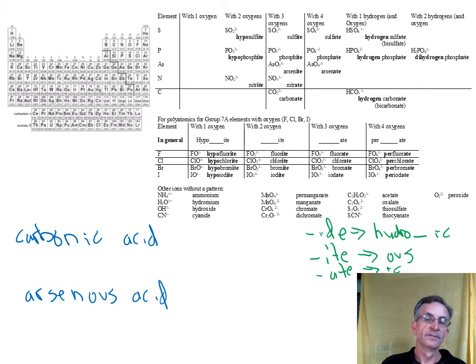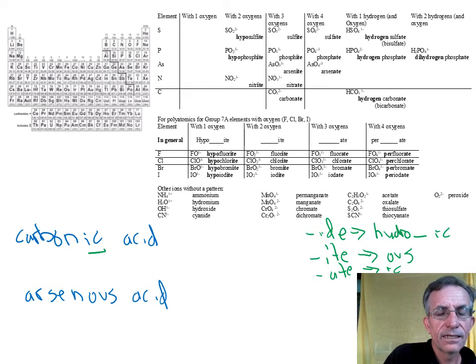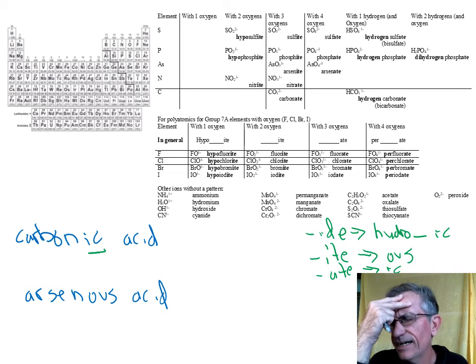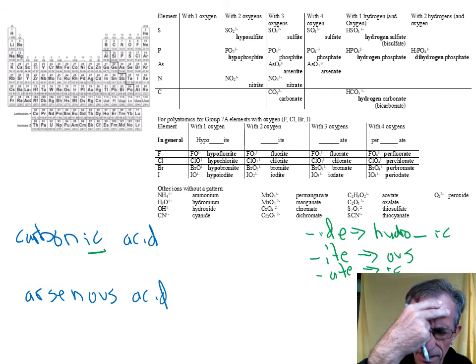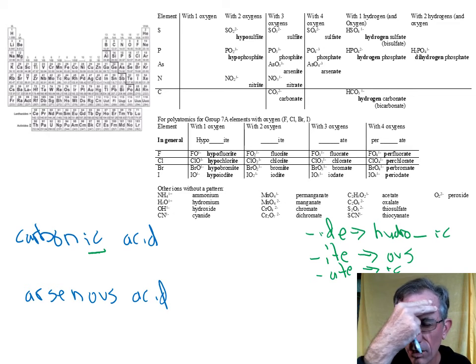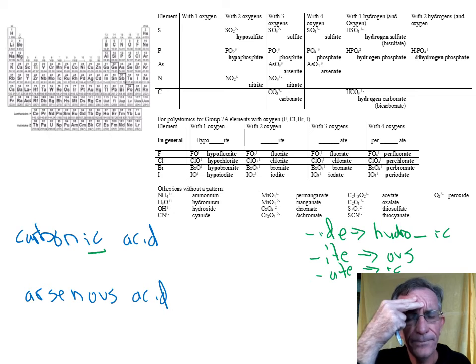All right. So now we're going to think backwards because I want to write the formula. So let's look at the name I have, carbonic acid. -ic goes with -ate. Carbonic acid must contain carbonate, so it contains carbon -ate.